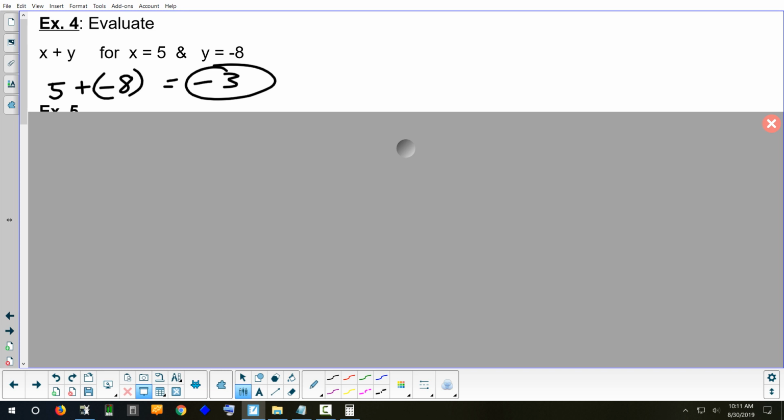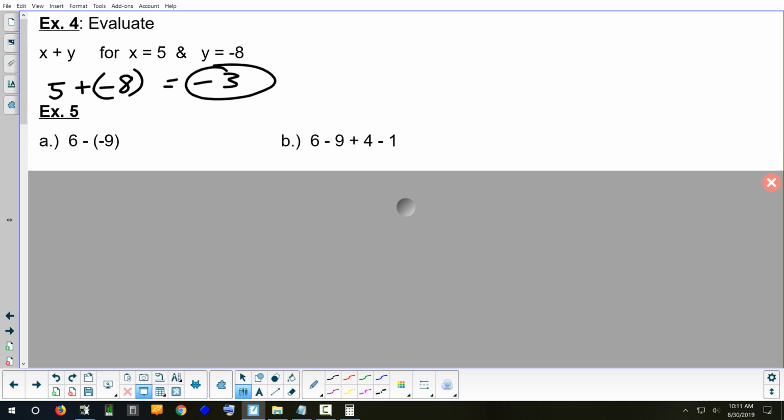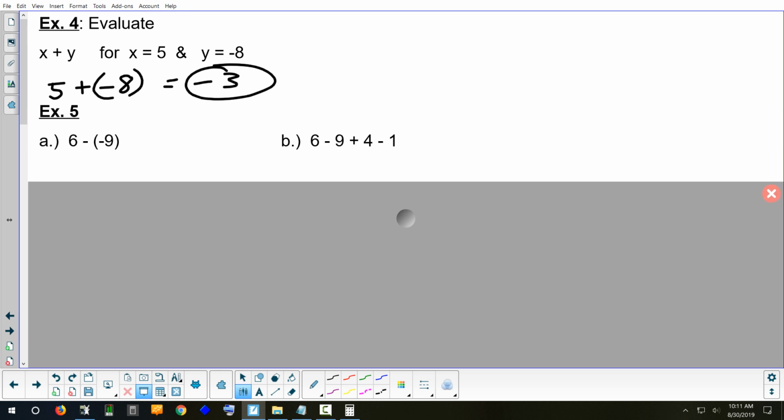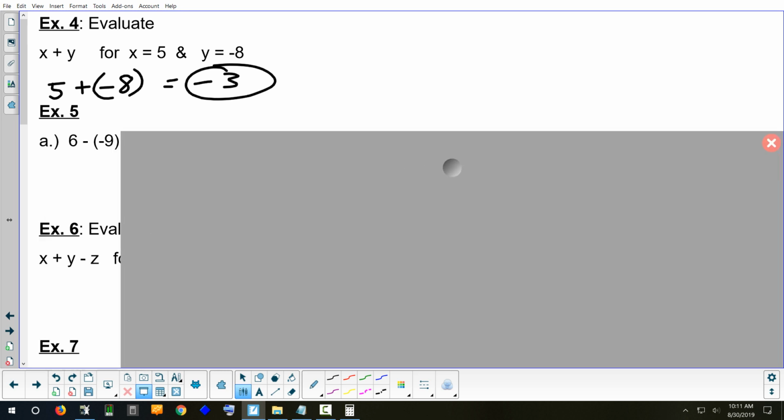Okay, so kind of like what we just did, except all you had to do was plug in first. All right, let's try some subtractions. Let's look at this one first. 6 minus negative 9. This is kind of something special. 6 minus the opposite of negative 9.